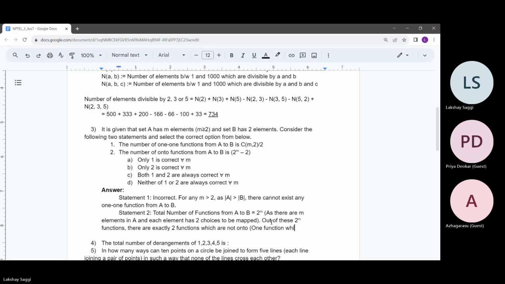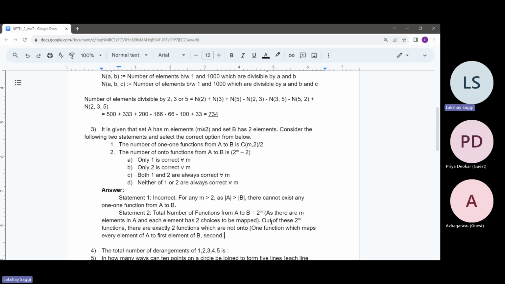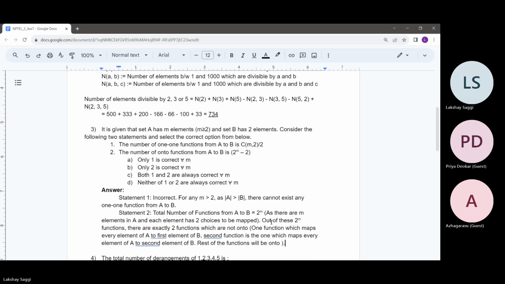One function maps every element of A to the first element of B. The second function maps every element of A to the second element of B. The rest of the functions will be onto.